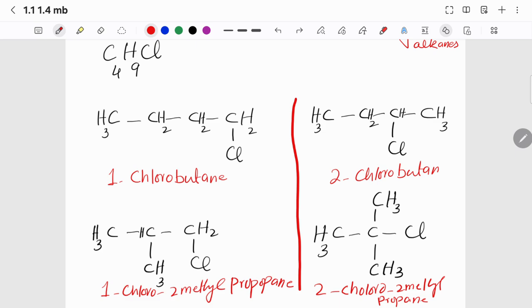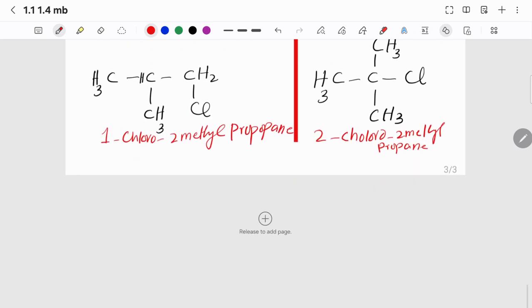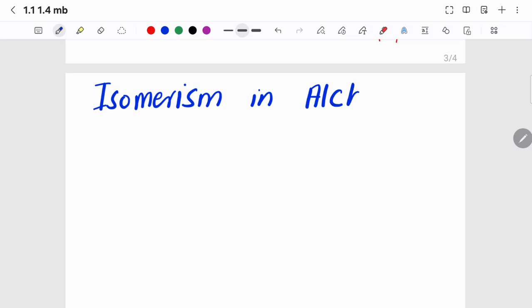Give me a second. Let me write it again. Isomerism in alcohols.